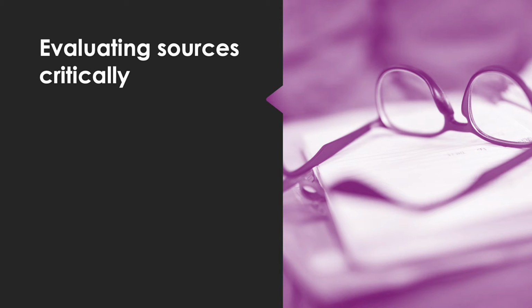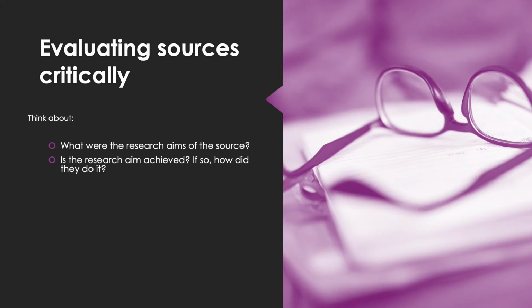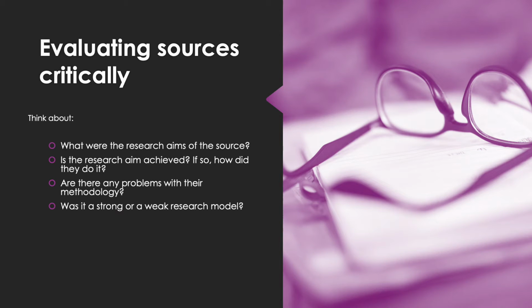So, within a literature review, we have to evaluate sources critically. We have to think about things like, what were the research aims of the source? Is the research aim achieved, and if so, how well did they do it? Are there any problems with their methodology? What is a strong or a weak research model?